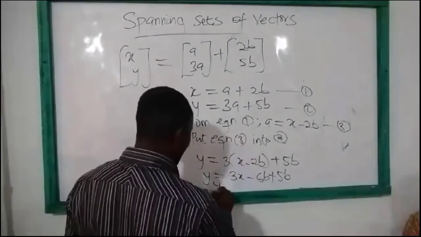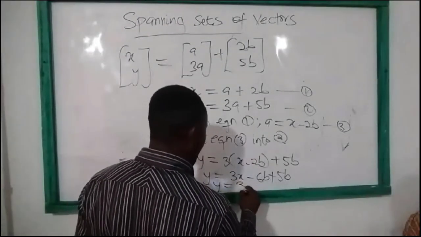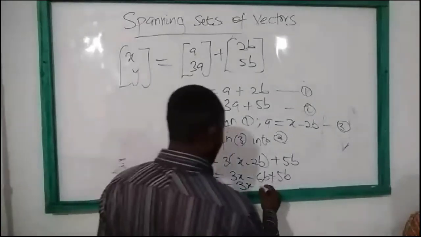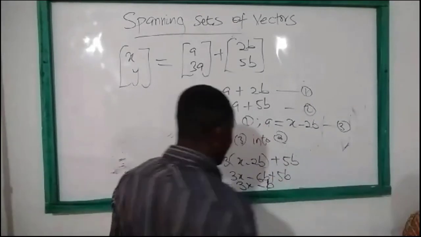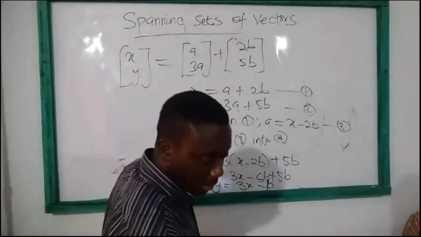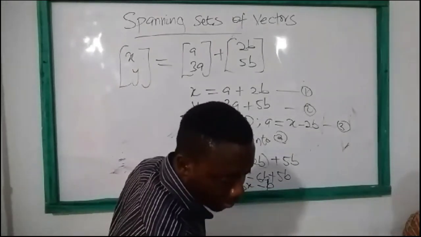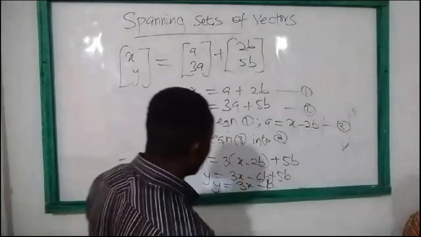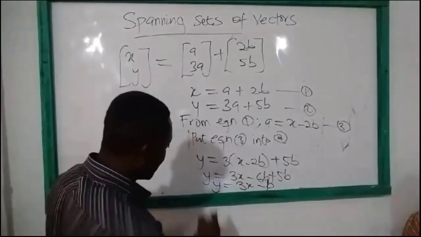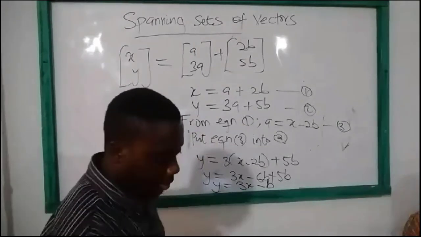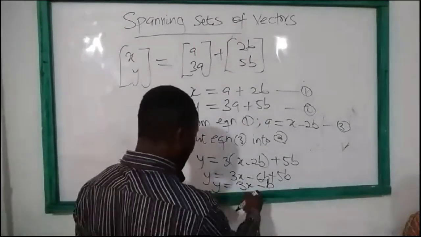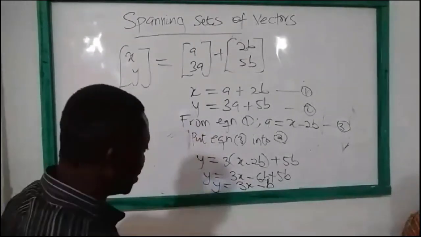And finally, y will be equal to 3x minus b.